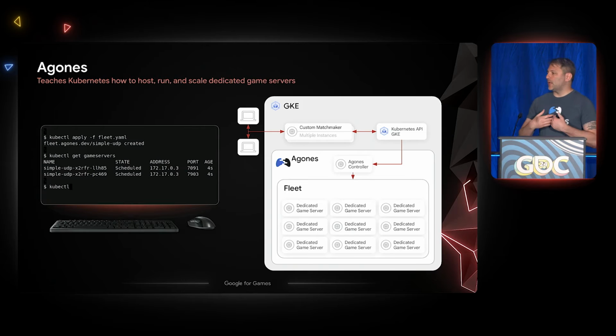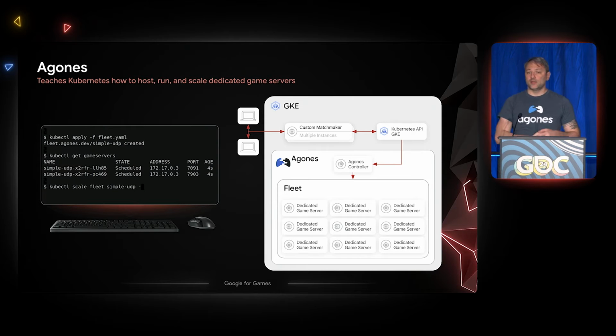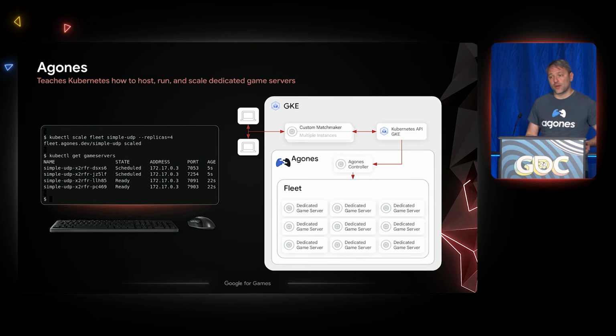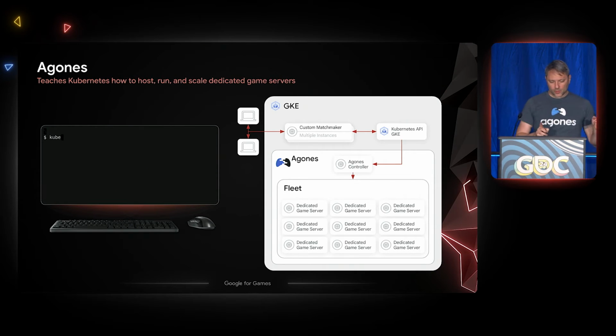That means when you come to us and you're like, hey, we want to run on Kubernetes, we can say, cool, you can take Agones and we can put it on GKE Standard, but also GKE Autopilot, like we do in this demo here, so that you can have a global set of clusters around the world for all your game server needs. I'll dig in a little bit here on one of those topics.